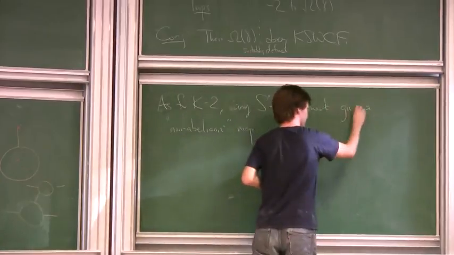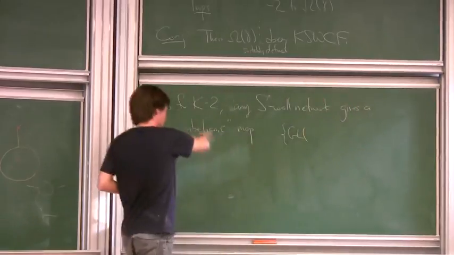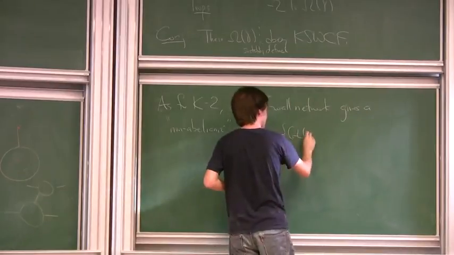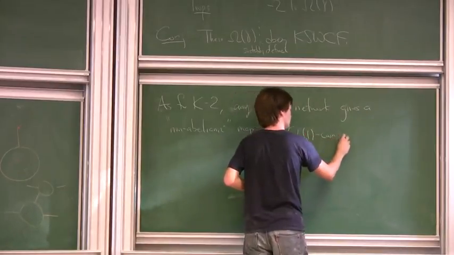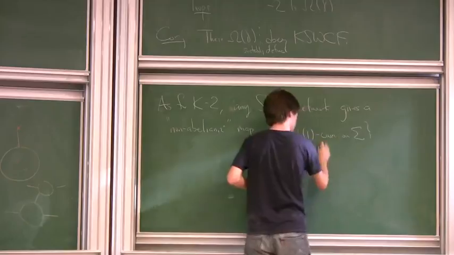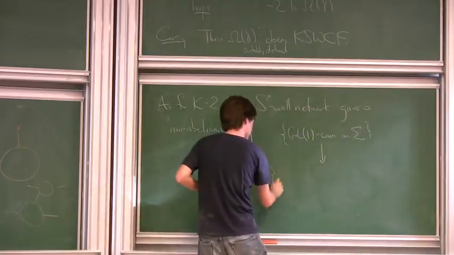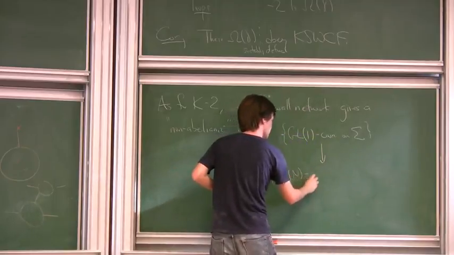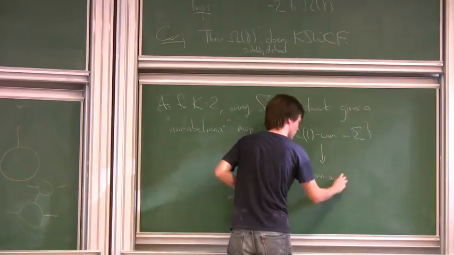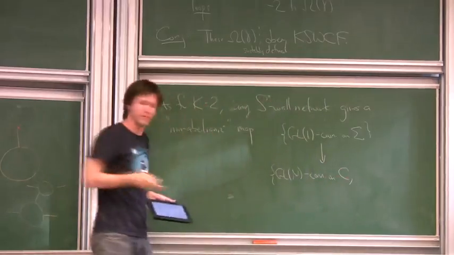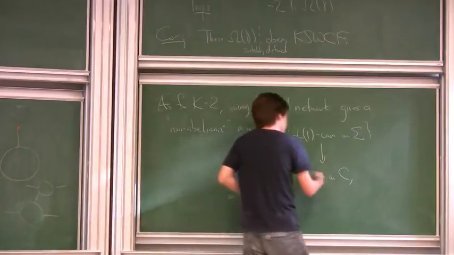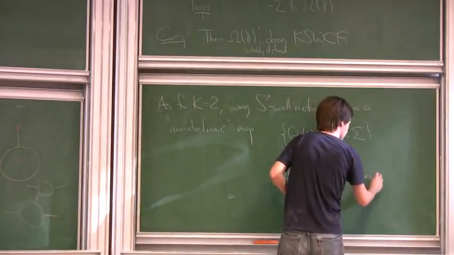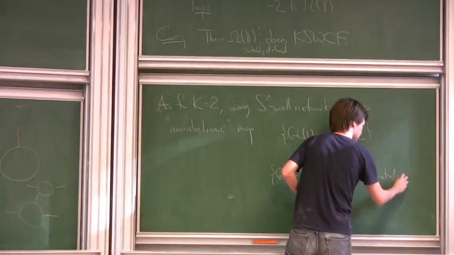Any S-wall network gives a non-abelianization map from GL1 connections on sigma to GLN connections on C. Let me remember now what I didn't remember last time. They're actually GLN connections on C decorated with a little extra structure, decorated with a flag.